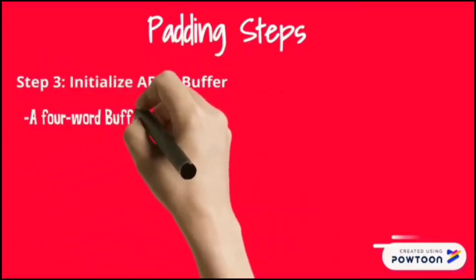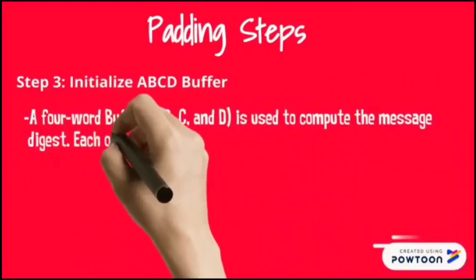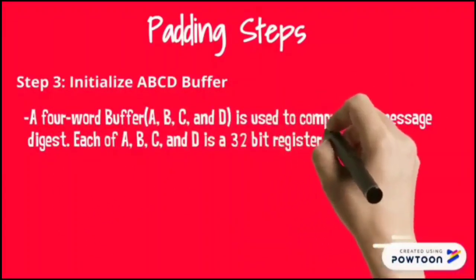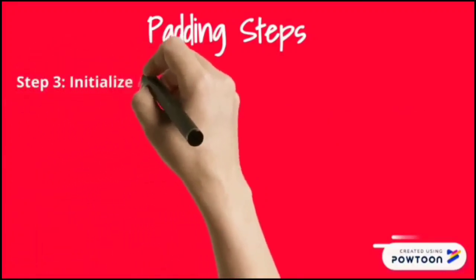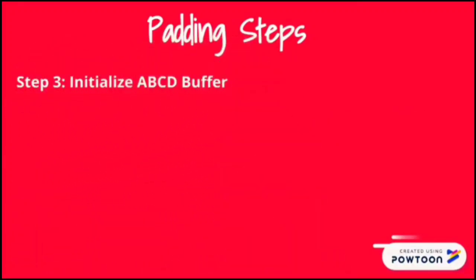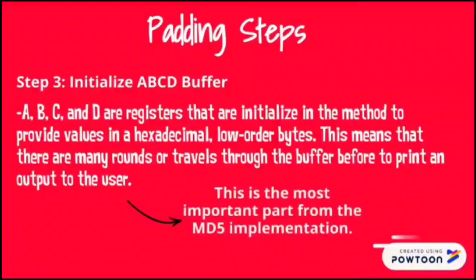A 4-word buffer, the ABCD buffer, is used to compute the message digest. Each of A, B, C, and D is a 32-bit register. These registers are initialized to the following values in hexadecimal, low-order bytes first.